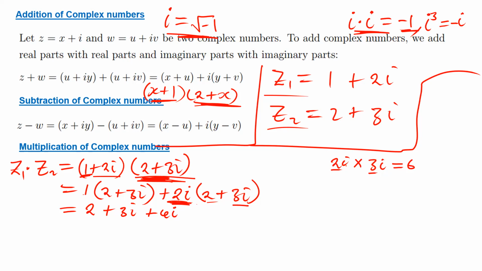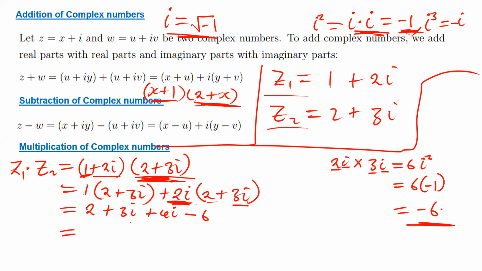Then you are also multiplying i times i, which gives i squared. And i squared is equal to -1, because i squared is the same as i times i. So this is the same as multiplying 6 times -1, and this gives you -6.